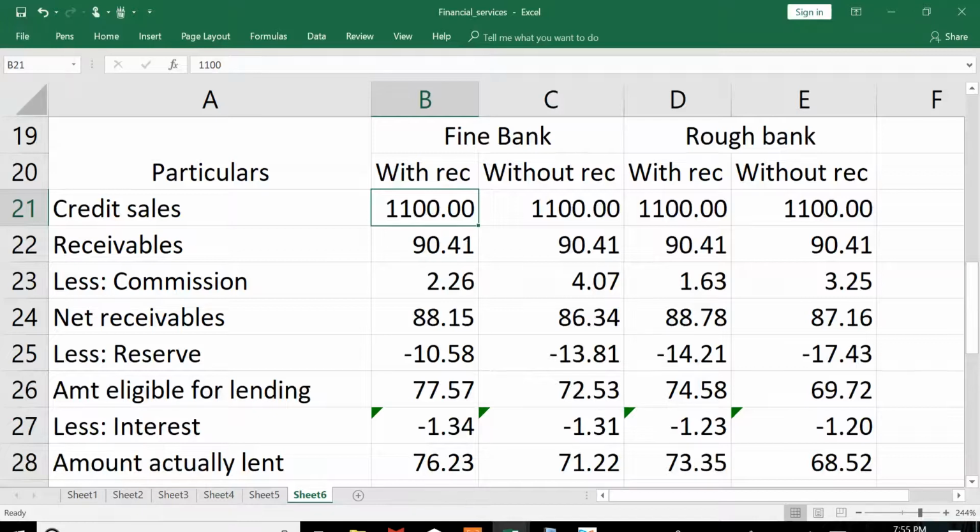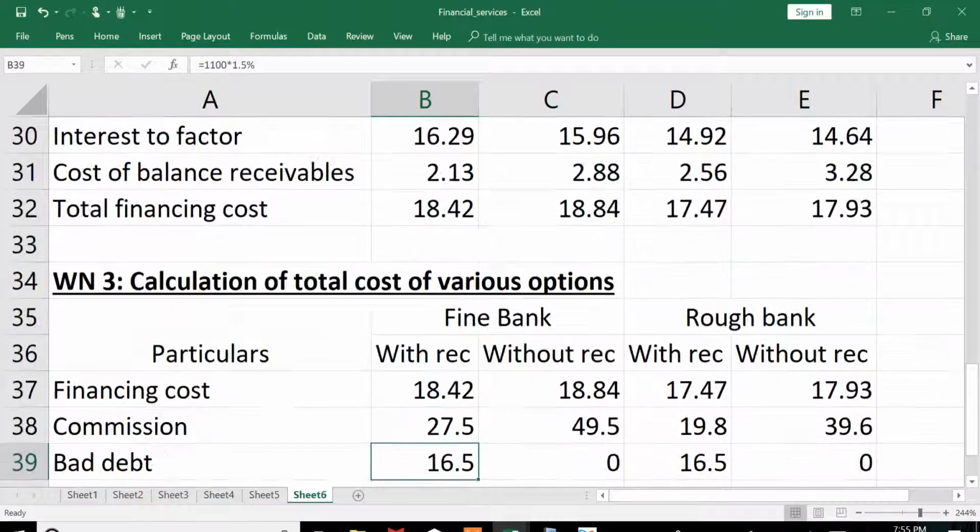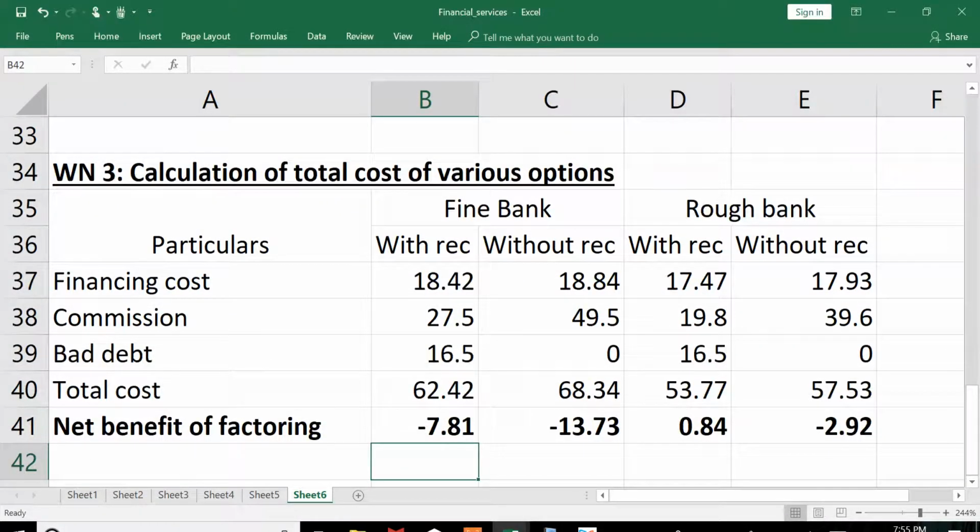So ideally, you can finally write a note. You can first write that the company should go ahead with Rough Bank with recourse factoring.